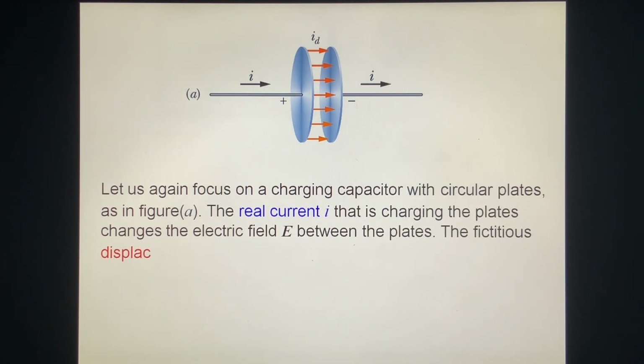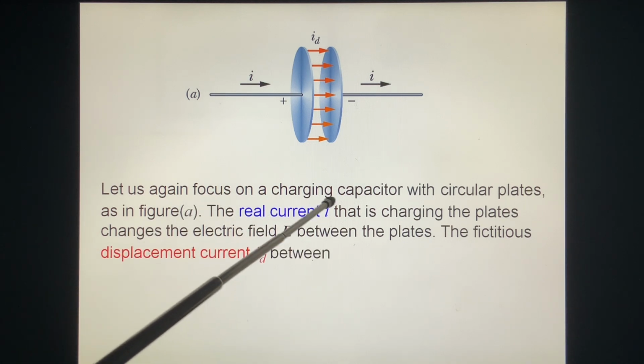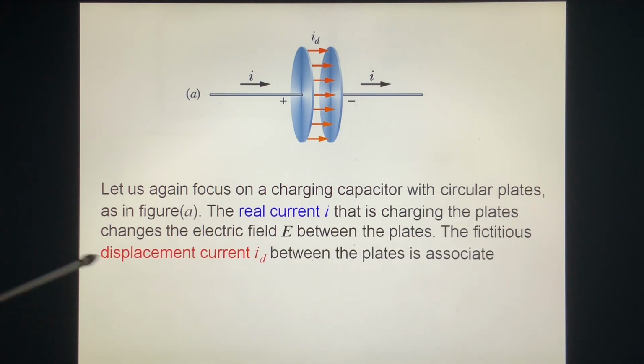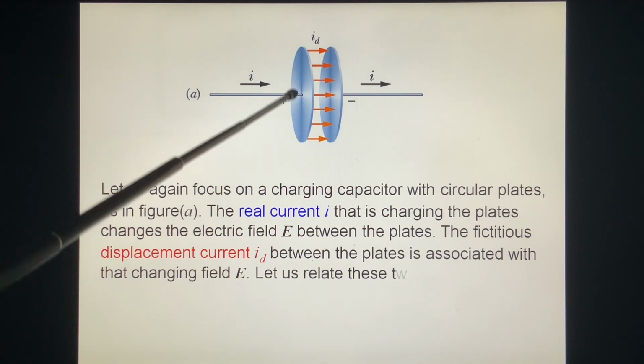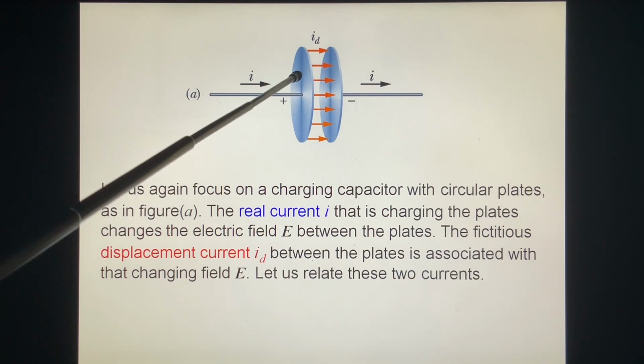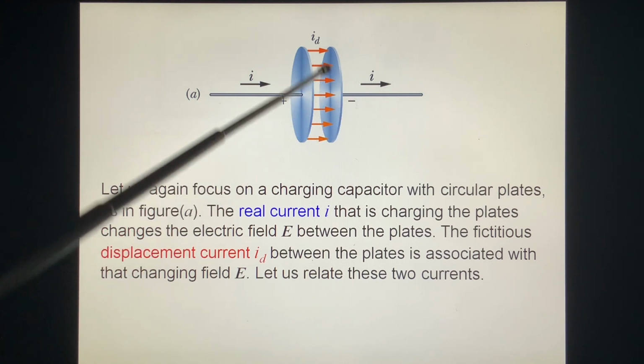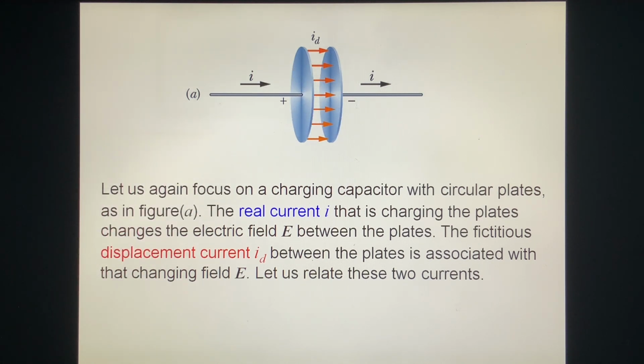The real current I that is charging the plates changes the electric field between the plates, because more charge on this side gives a larger E. The fictitious displacement current I D between the plates is associated with a changing electric field E.